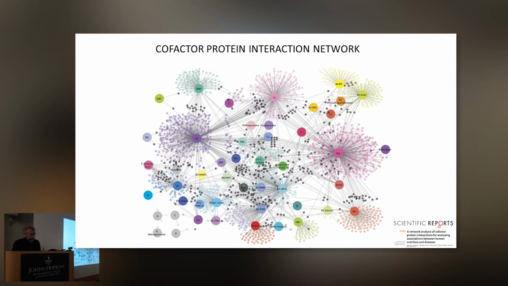So in this way, you can get an appreciation of the interconnectedness of essential nutrients, micronutrients, and proteins, as well as with proteins that are important in disease if they don't function well.